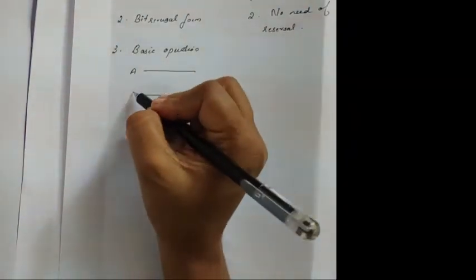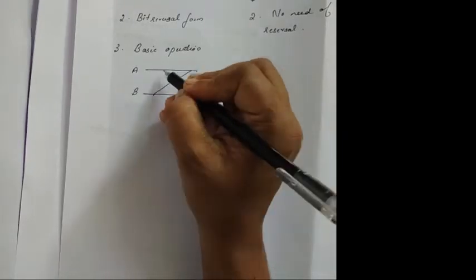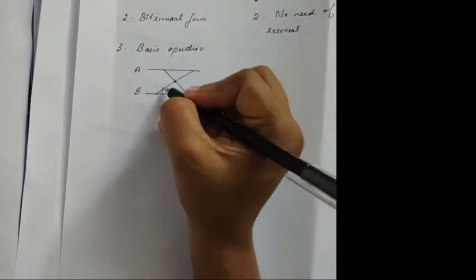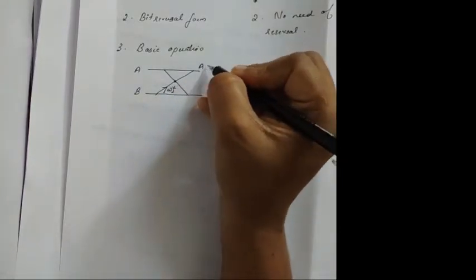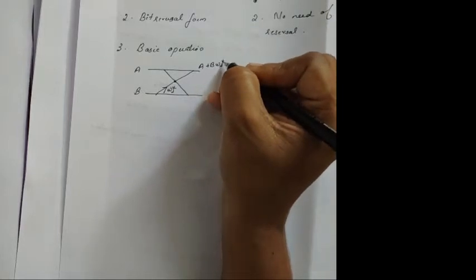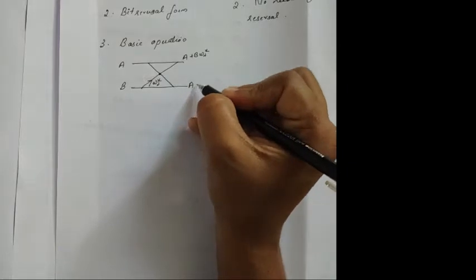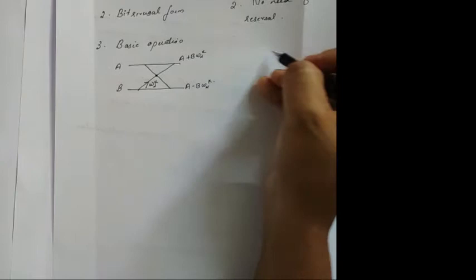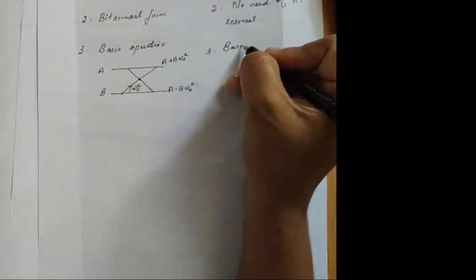Radix 2 means a two variable algorithm, A and B. In this you have an upper limit as well as a lower limit. The upper limit is A plus B into the twiddle factor. In the previous section I told you what a twiddle factor is. And the lower limit is A minus B into the twiddle factor. And over this in decimation in frequency, the basic operation to be performed.